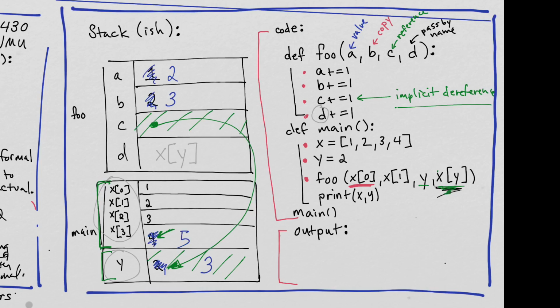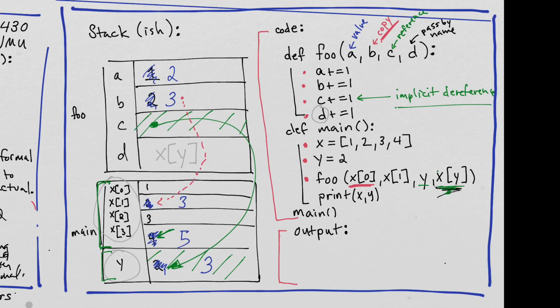And now we need to return, and we can't just pop the stack here, because before we pop the stack, we got to take care of that pass by copy, which says, hey, the value of b needs to be copied back into the parameter that was passed into it, which is x sub 1. And so this now finally gets modified to be 3 as well.